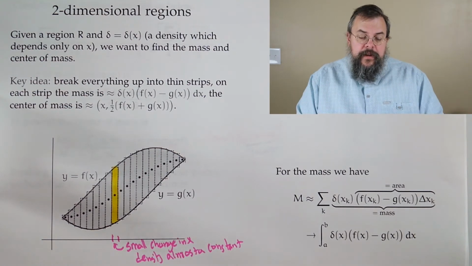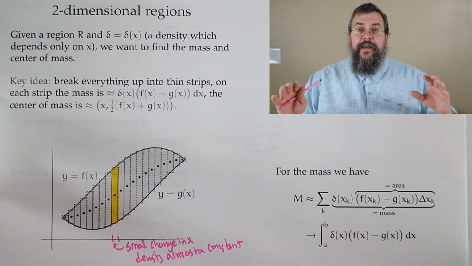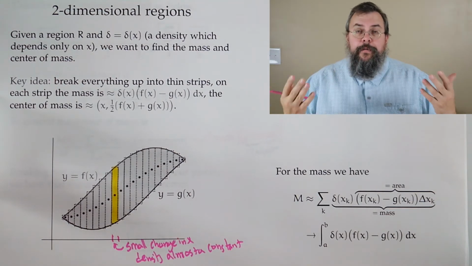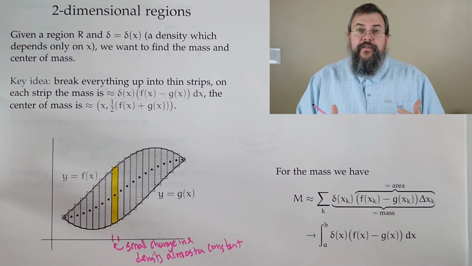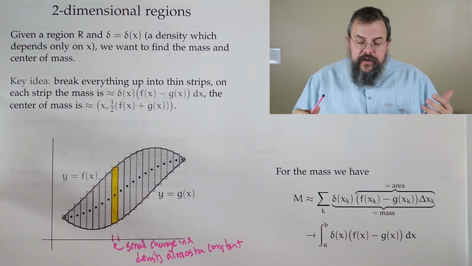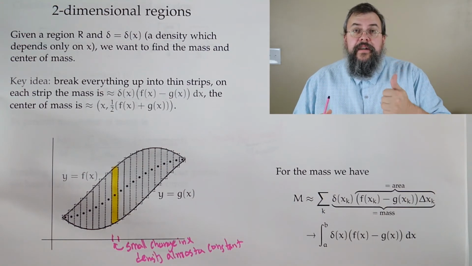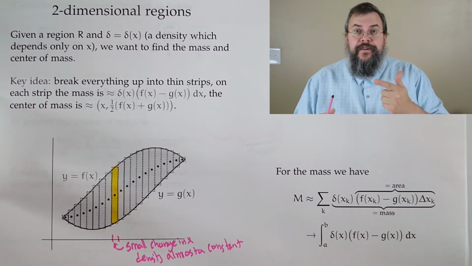All right, now we're pretty much great to go. It's the same ideas. If we understand where the formulas come from, adapting to a new situation is pretty quick. We say, okay, let's think about our mass. Well, mass would be our density times area now. We're two-dimensional.